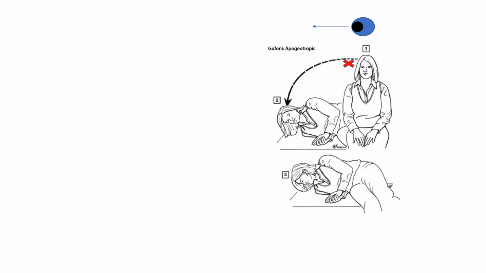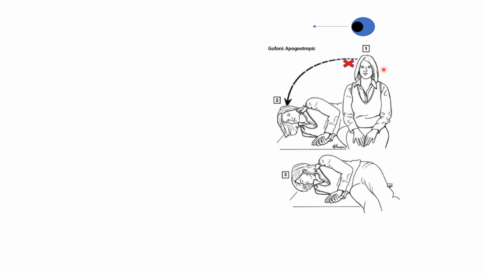Then let's see the Gufoni maneuver for an apogeotropic nystagmus. Okay, so just to repeat: when you lie this patient down and turn their head to the right during a head roll test, they would have a weak apogeotropic nystagmus, but they would have a strong apogeotropic nystagmus when you turn their head to the left, meaning that the nystagmus points towards the sick ear.